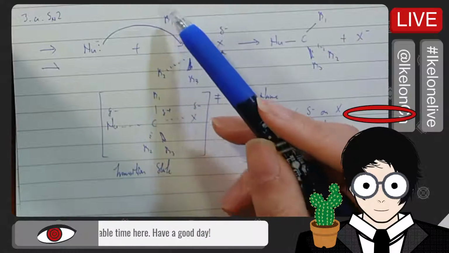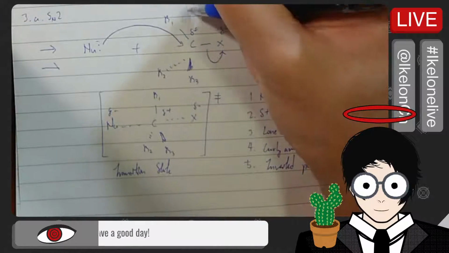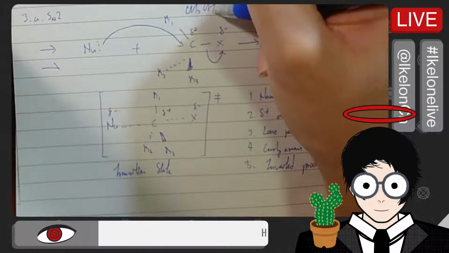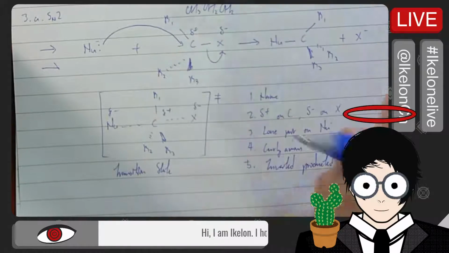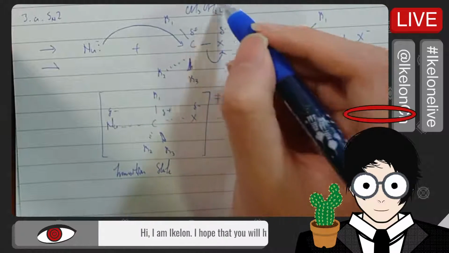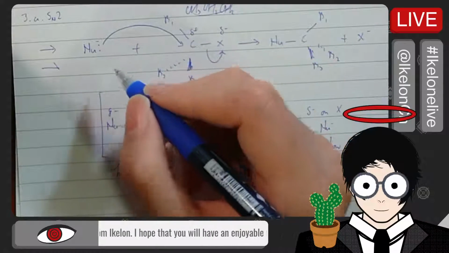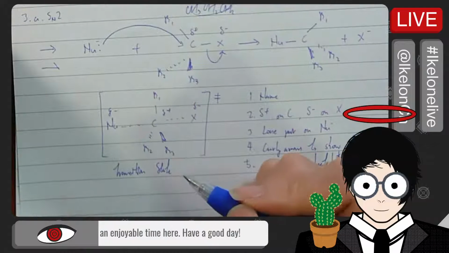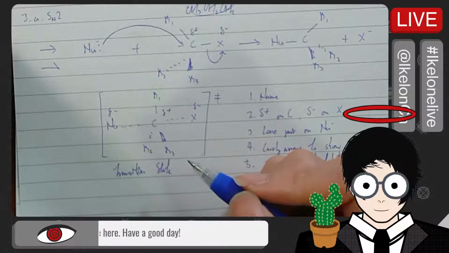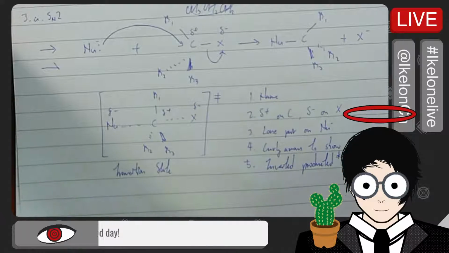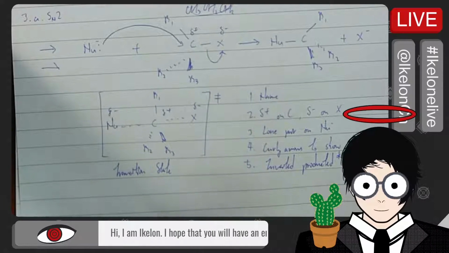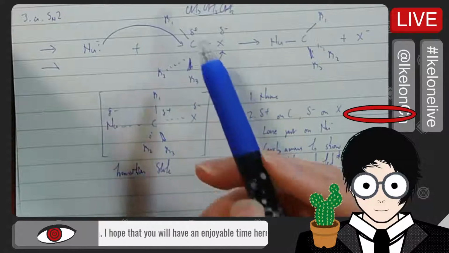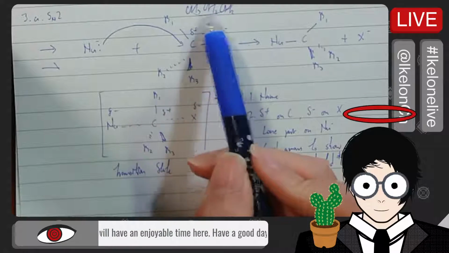Let's say R is very large, maybe CH3, CH2, CH2, something like that. Then it will block the approach of the nucleophile because it's too large. If you want to go through a doorway, but there's a stack of packages in the doorway, that stack of packages would be these R groups.